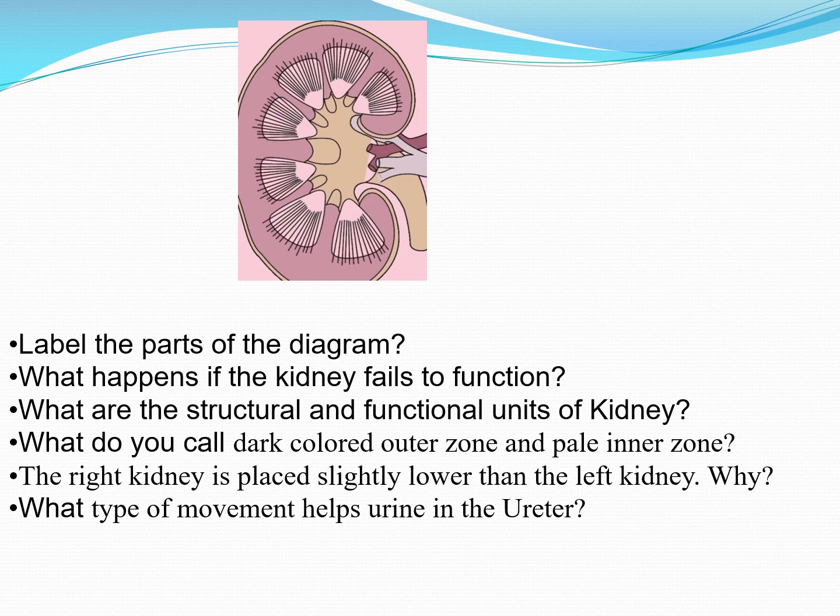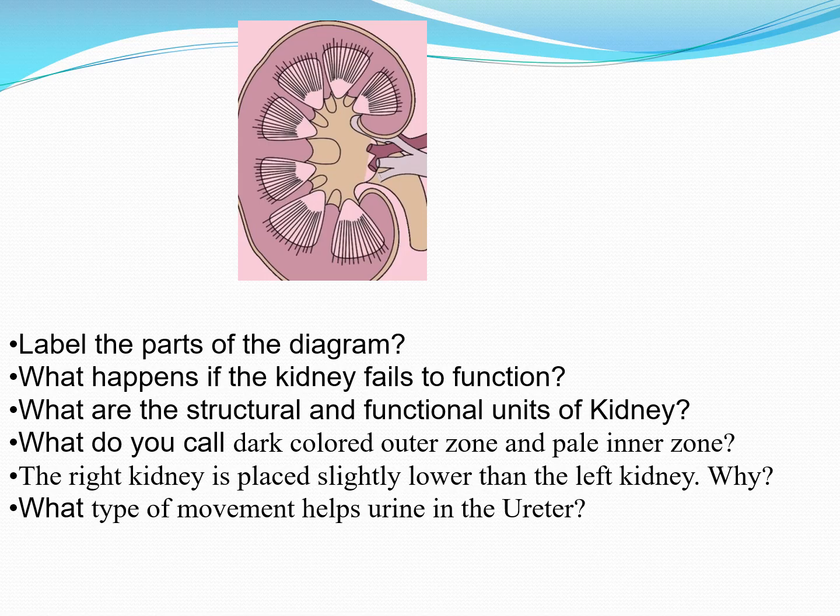Here, first question. Label the parts of the diagram. Outer part is called cortex, inner layer is called medulla. Renal artery, which is dark red in color in the diagram, carries blood into the kidney. Renal vein, which is blue in color, carries blood away from the kidney. Ureter, a pipeline which connects kidney with urinary bladder.